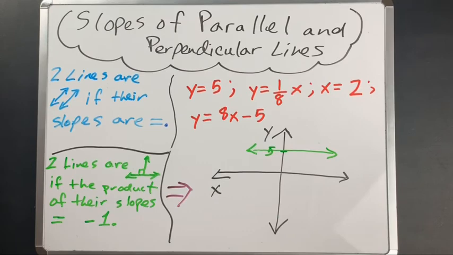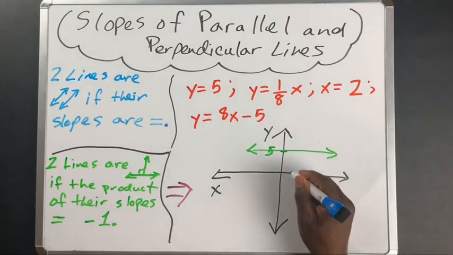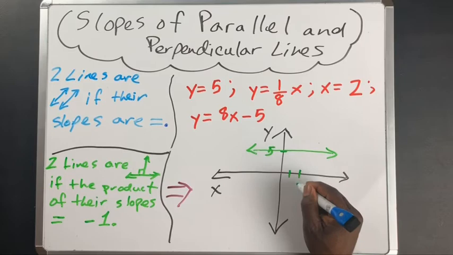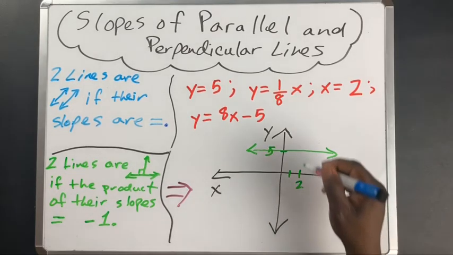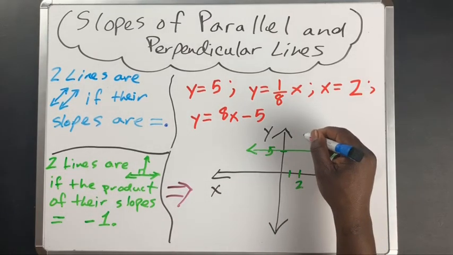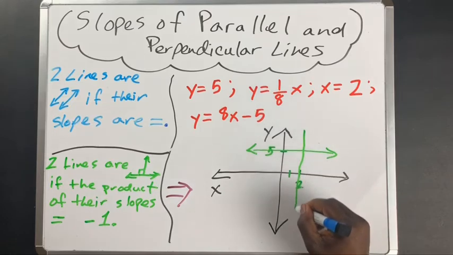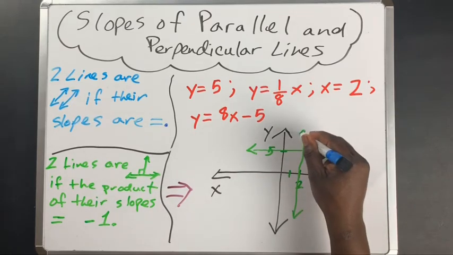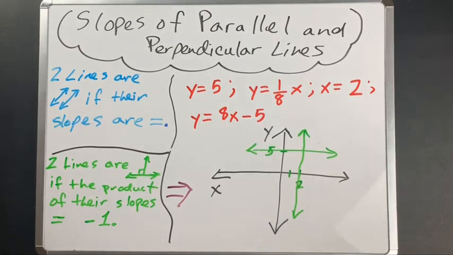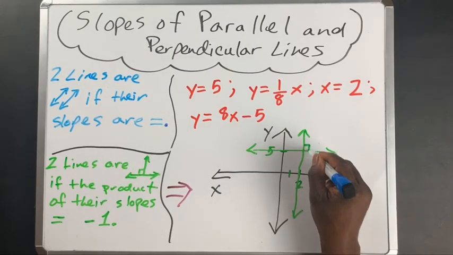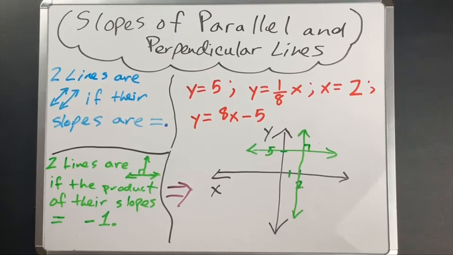And now let's graph x equals 2. If I say that this is 1 and this is 2, I have a graph that intersects the x-axis at 2, x equals 2. Then what do we have here? There you go, perpendicular lines.